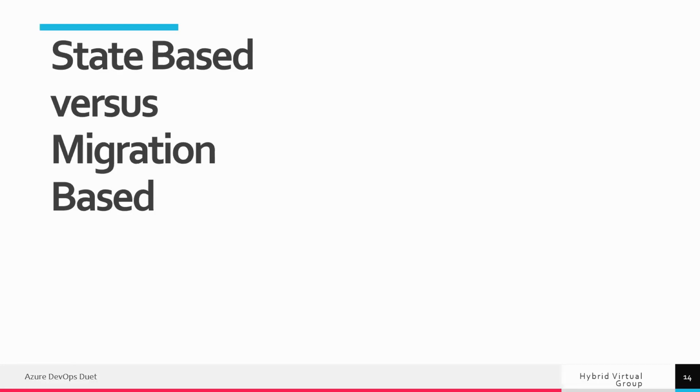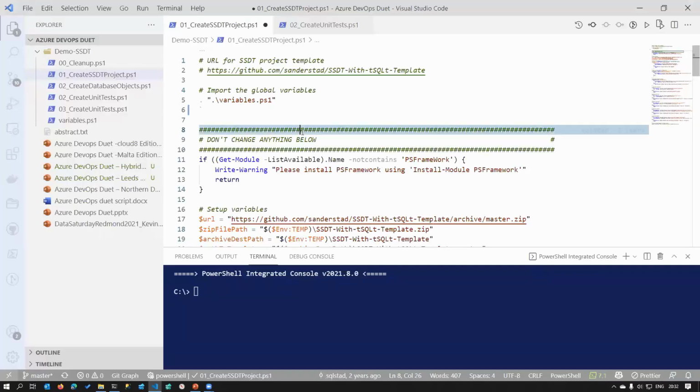And it's actually pretty easy to create a state-based solution, which I will demonstrate right now. People who know me know that I am pretty lazy when it comes to repetitive or mundane tasks, especially when it is something like creating a lot of Visual Studio projects and all kinds of projects within it.